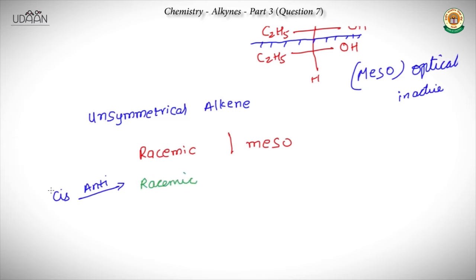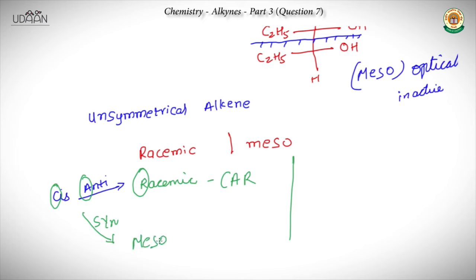You can remember this by CAR: C-A-R. Now, if it undergoes syn addition, you will get meso. Now, if you take trans, if it undergoes anti-addition, you will get a meso product, just the reverse.